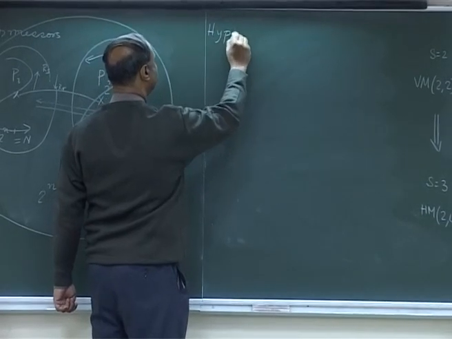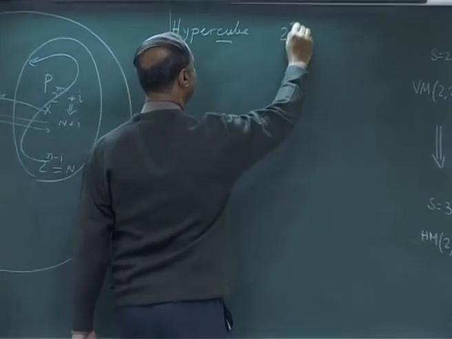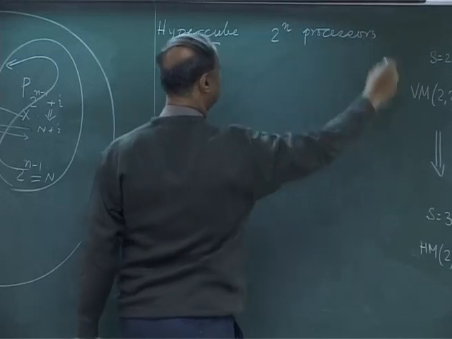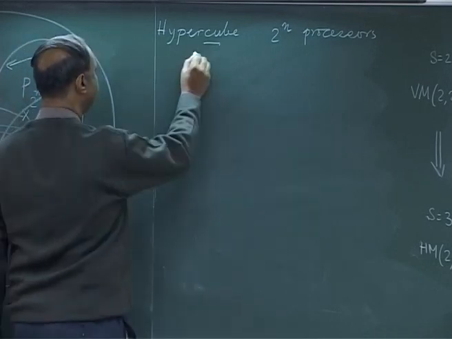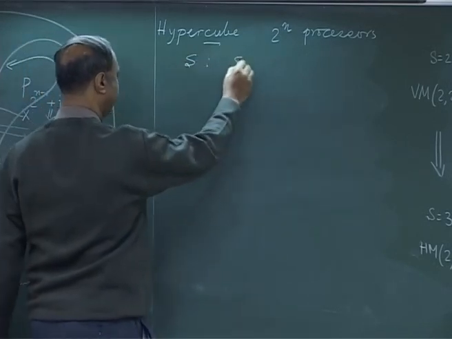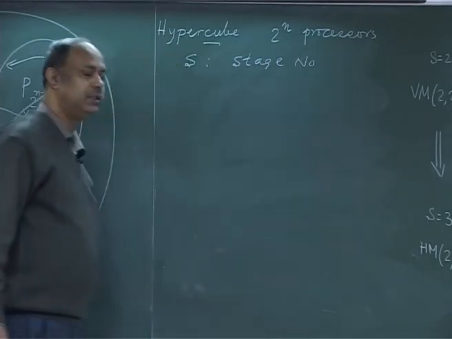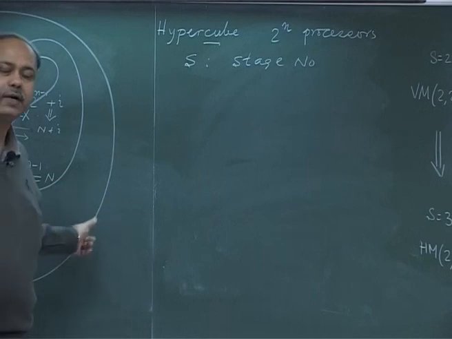In the case of hypercube, you have 2 to the power n processors. Here also you have S1, S2, S3, where S is your stage number. This will indicate whether you are doing it in increasing order or decreasing order, and this sign function you will be obtaining based on whatever you have done.